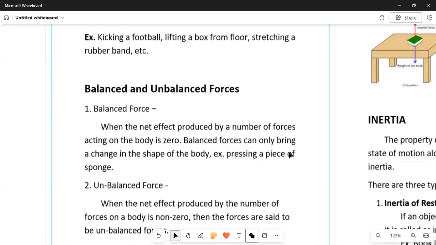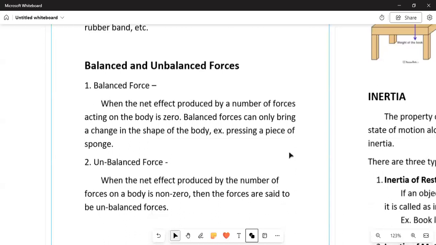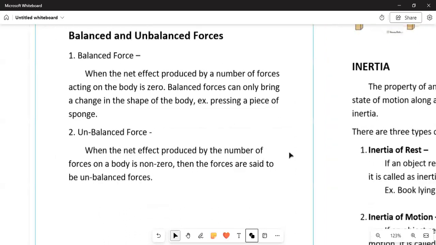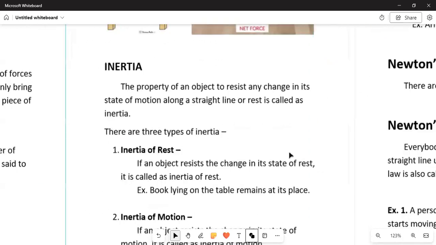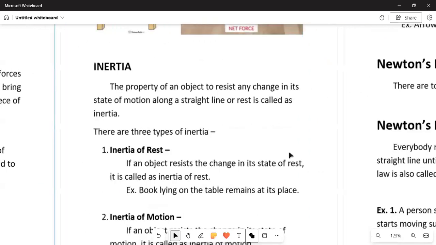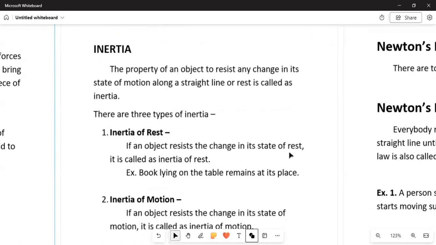Then we discussed what are balanced and unbalanced forces. And then we also discussed inertia. Inertia is the property of an object to resist any change in its state of motion along a straight line or rest.